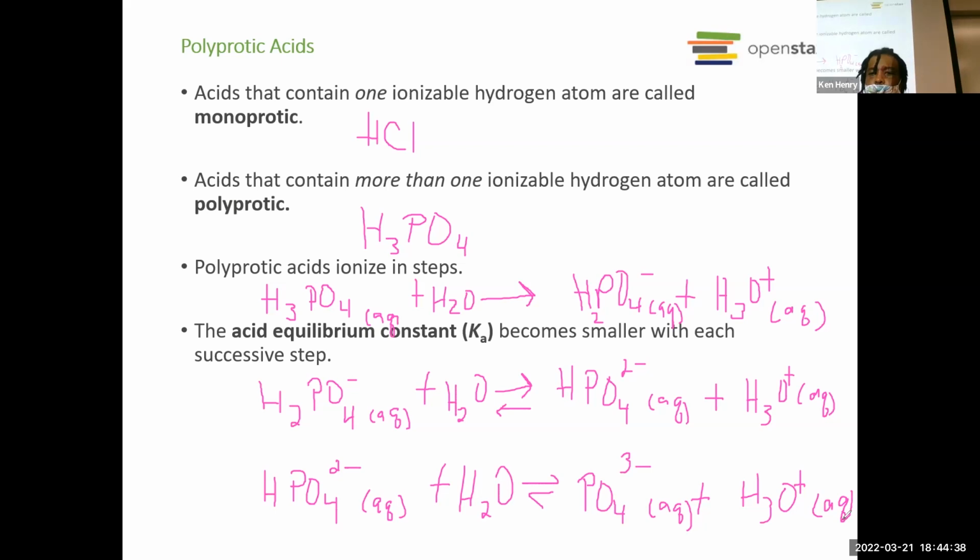So the equilibrium constant is going to get smaller as each step goes on. The equilibrium constant here, this first one, is going to be greater than the second one, which is going to be greater than the third one.